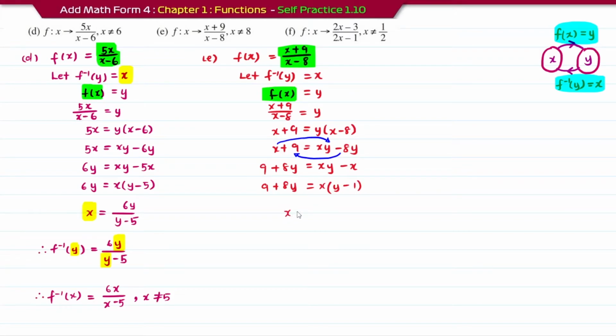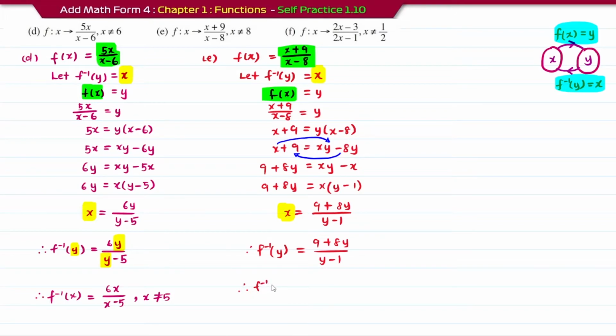To let x become the subject of the formula, it will be 9 plus y over y minus 1. So remember, x refers to the inverse f of y. So therefore, it will be equal to 9 plus y over y minus 1.